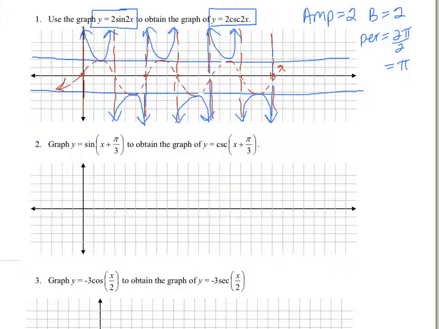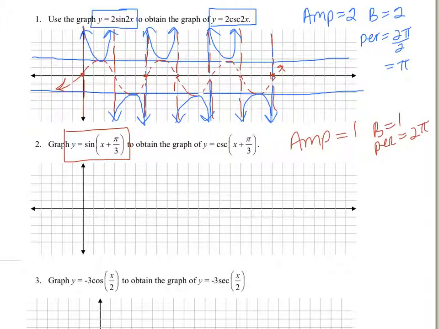So in the next graph, we're also going to be graphing a cosecant, but this time we're going to be graphing it with a sine that has a phase shift of pi over 3. So let's start by graphing this guy right here. So what we know about that graph is that the amplitude is 1. The frequency is 1, so that makes the period just plain old 2 pi, right?